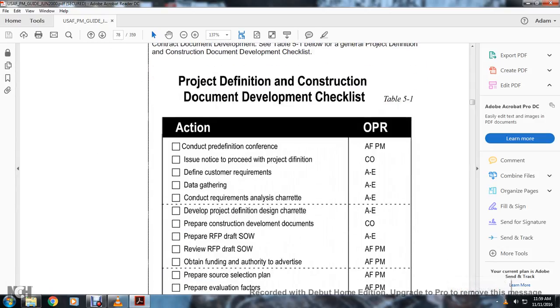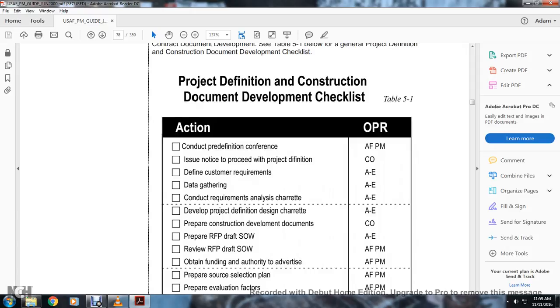Project definition and construction document development checklist: conduct the pre-definition conference, issue notice to proceed with the pre-definition. Project definition: define customer requirements, data gathering, conduct requirements analysis, design charette, develop project definition.